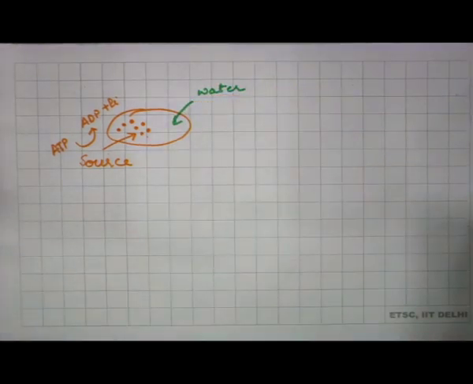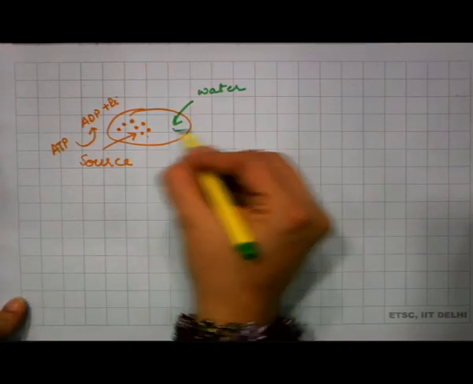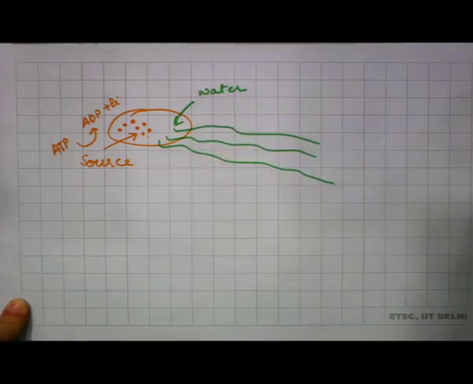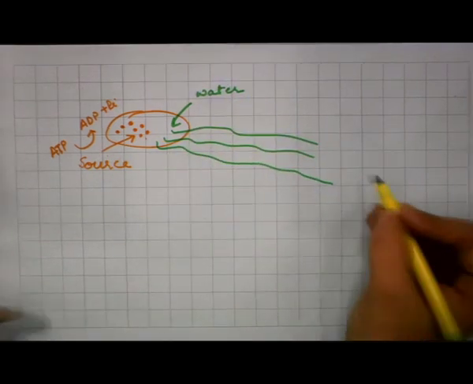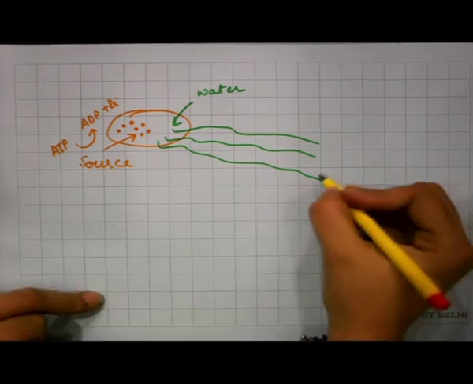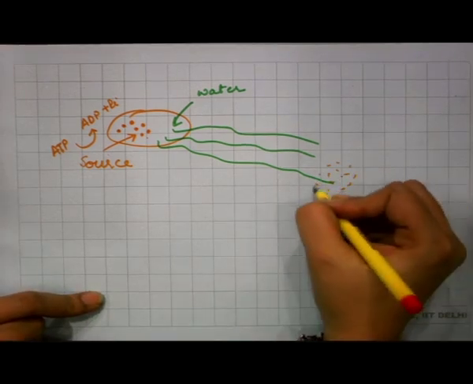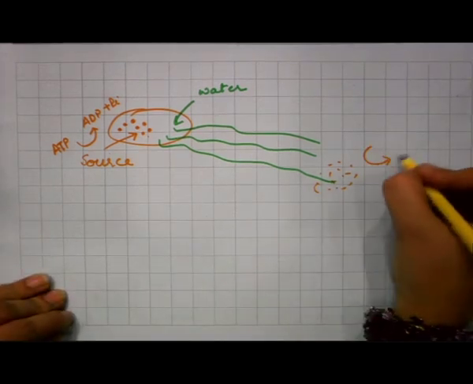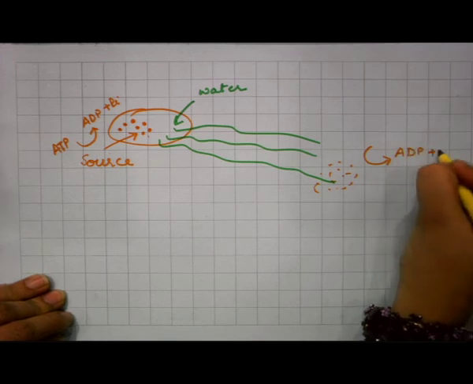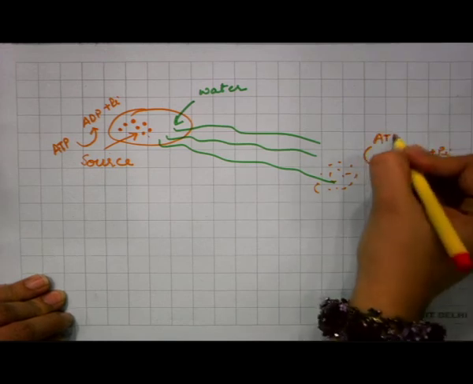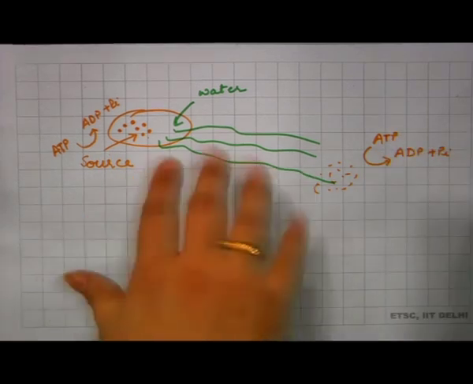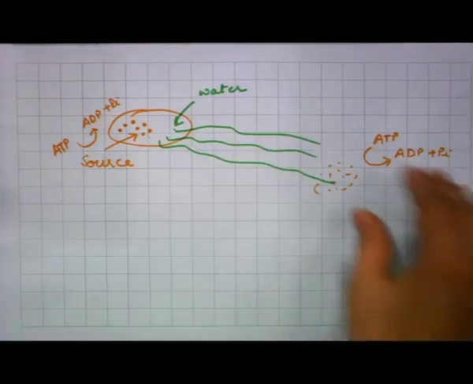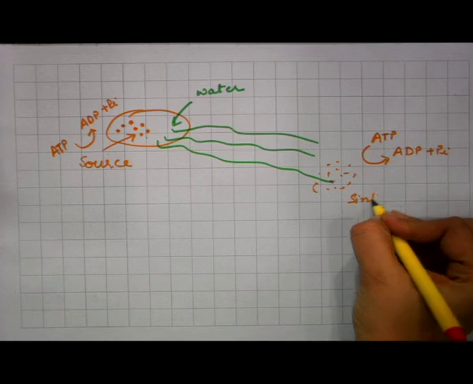Because of the movement of water, a pressure develops and this causes the bulk flow. The sugars along with the water reach the sink areas. Now, in the sink areas again ATP will be consumed for unloading, and this way the phloem helps in transport of sugars or sucrose from the source to the sink with the mass flow.